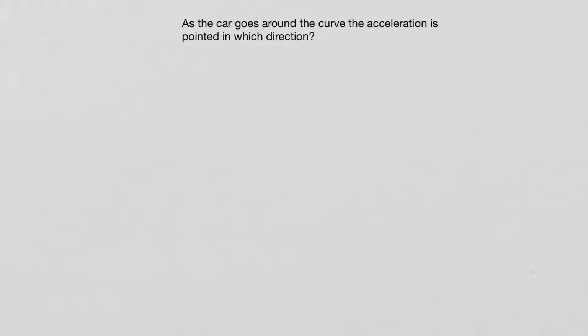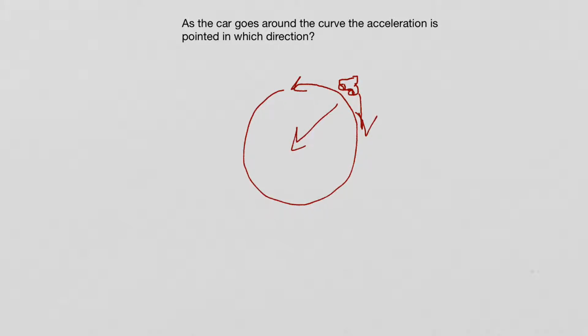The next part of this sample problem says, as the car goes around the curve, the acceleration is pointed in which direction? So the car is going around the circle. We have our lovely car. The car is going like this, and the acceleration is going to be pointed toward the center of the circular curve.